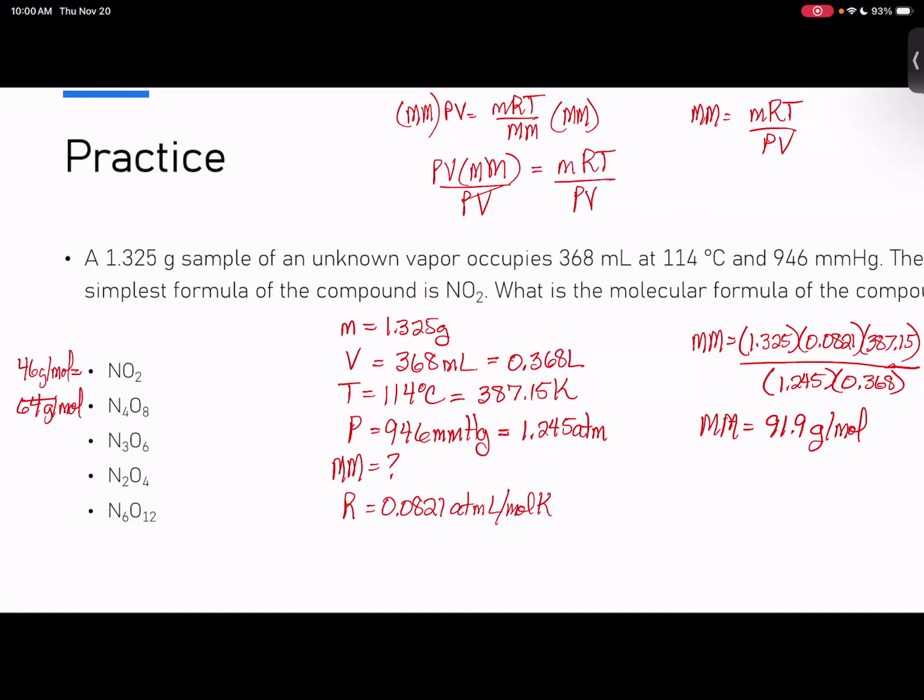N3O6, 3 times, oops, that is incorrect on N4O8, let's redo that. That is 184 grams per mole.